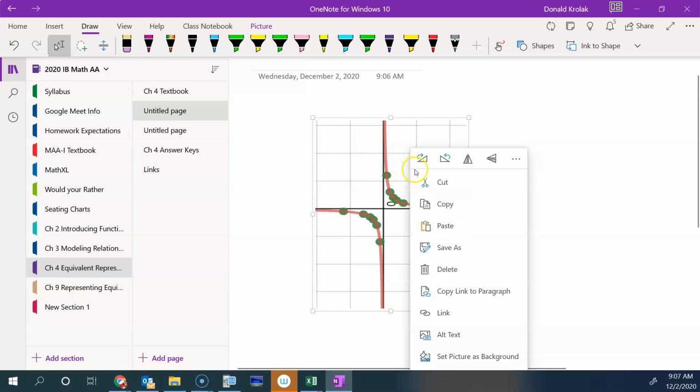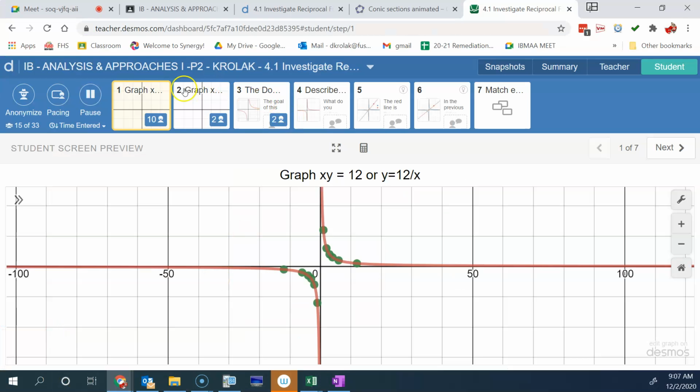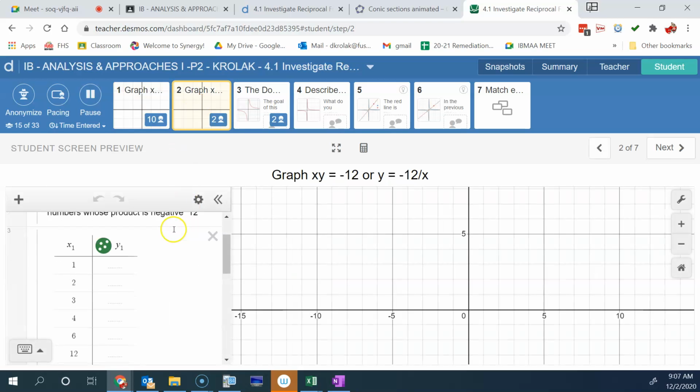All right, so this graph here, when we make it a negative, now the two branches are going to be in the second and the third quadrant. And you can see that happening if you go to the next slide here now. Okay, and now you're going to put in the numbers that make -12.